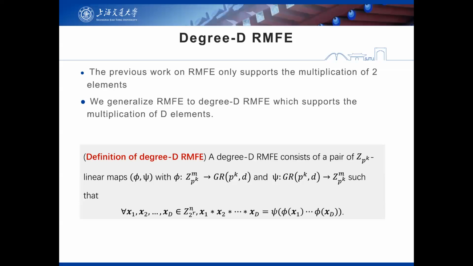Let's see the definition of degree D RMFE compared to the degree 2 RMFE. Actually, we support D multiplications. So here we have D vectors, and the component-wise product of the D elements equals the same thing, but with D elements instead of 2.